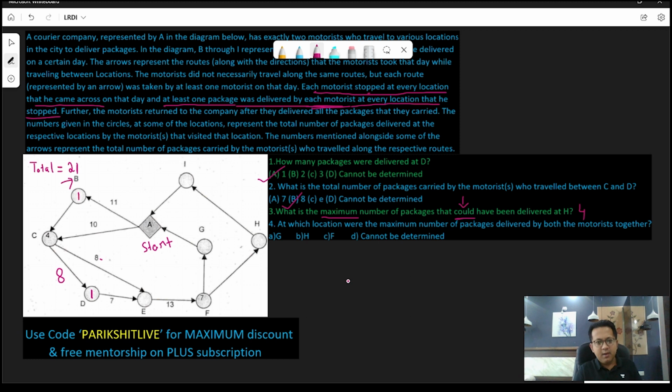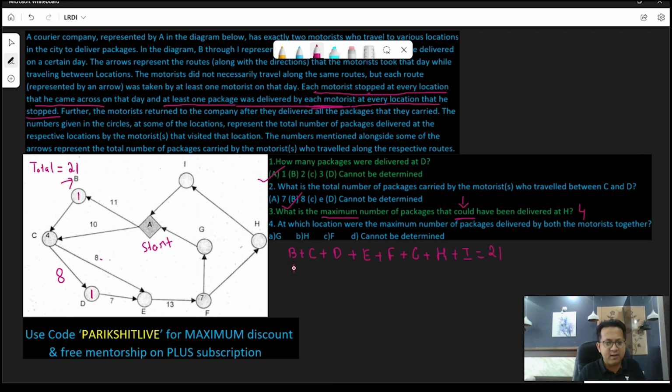Number 4. At which location were the maximum number of packages delivered by both the motorists together? Okay. So remember, total is 21. Which should be equal to B plus C plus D plus E plus F plus G plus H plus I, which has to be 21. You have a few numbers, right?